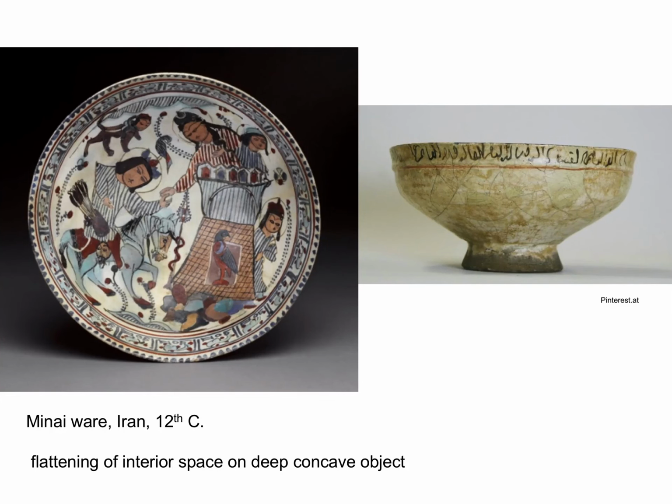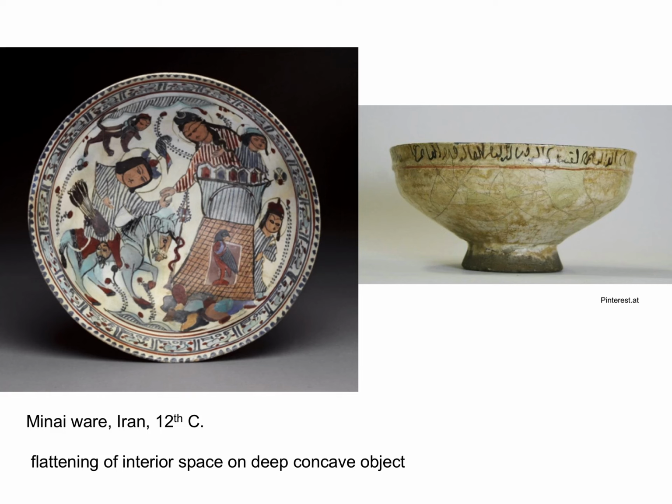But what's interesting to me about Minai ware, which is some of the earliest overglaze decorated ware in the history of ceramics, happening again in this part of the world that used to be Mesopotamia, but by the Middle Ages, the 12th century, is actually Persia and Iran, is that it flattens the interior of the space, which is actually quite a deep concave object.